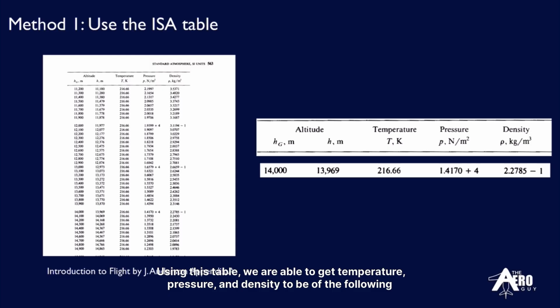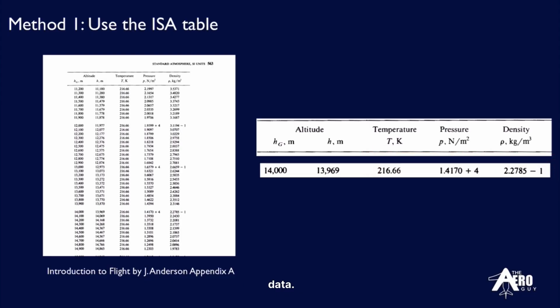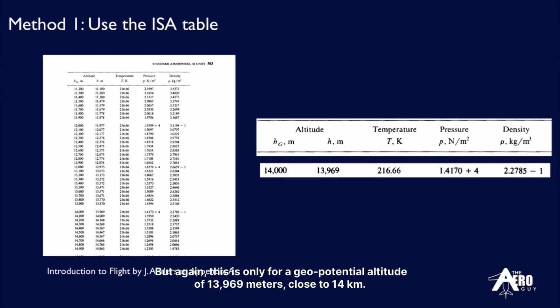Using this table, we are able to get temperature, pressure, and density to be of the following data. But again, this is only for a geopotential altitude of 13,969 meters, close to 14 kilometers.